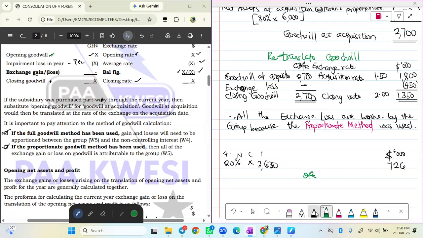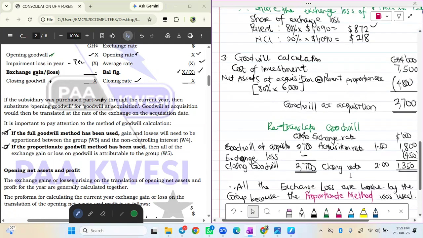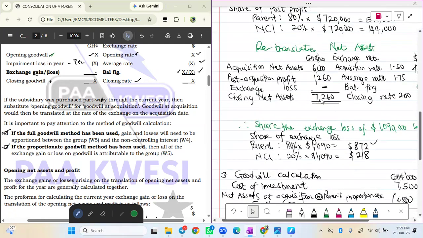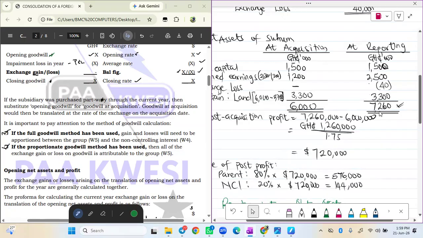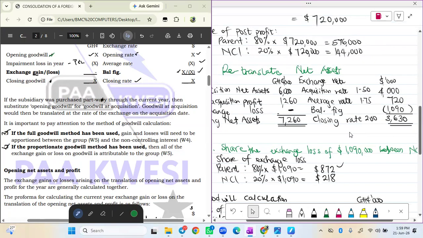You can calculate the NCI in cedis, and when you are done, you translate it. So in calculating the NCI in cedis, it would have been 20% of the net asset at reporting in cedis, which was 7260. But you see, the first 726 that we got, we picked the net assets in dollars instead of picking the net asset in cedis.